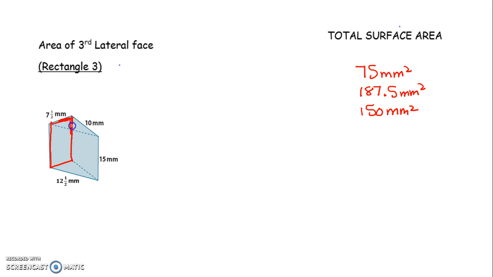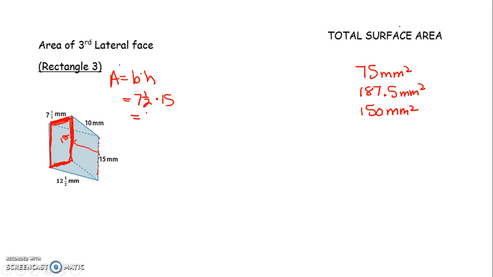So now we have to see on this rectangle, what are the dimensions? Well, if I look here, I can tell you the dimension here is 7.5. If you see this 15 here, if I slid that 15 up, that height is still 15. So the area here, base times height, is 7.5 times 15.